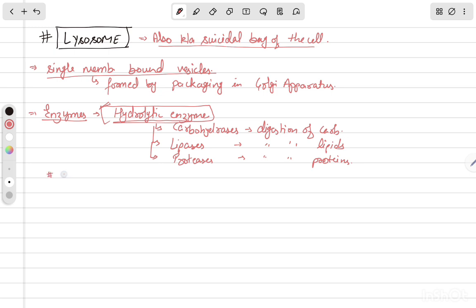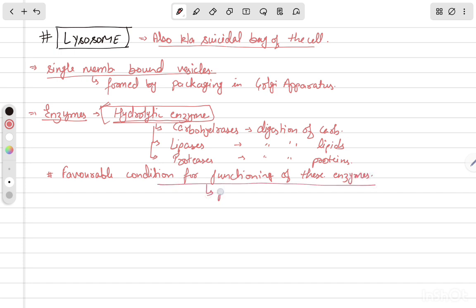What are the functions? Favorable condition for functioning of these hydrolytic enzymes. Which condition is required for these enzymes, right? It requires pH approximately 4.5 to 5.